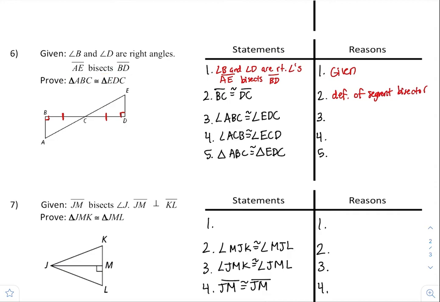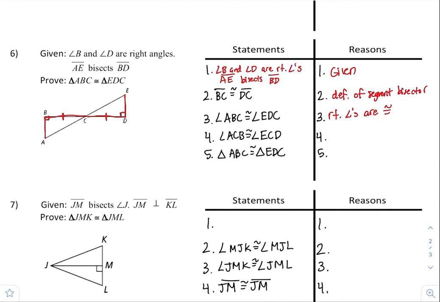Now, angle ABC, so it's a 90 degree, you guys, is congruent to angle EDC, which is the other 90. So why can we say those angles are congruent to each other? Because right angles are congruent, which makes sense. 90 degrees, you guys, is the same thing as 90 degrees.